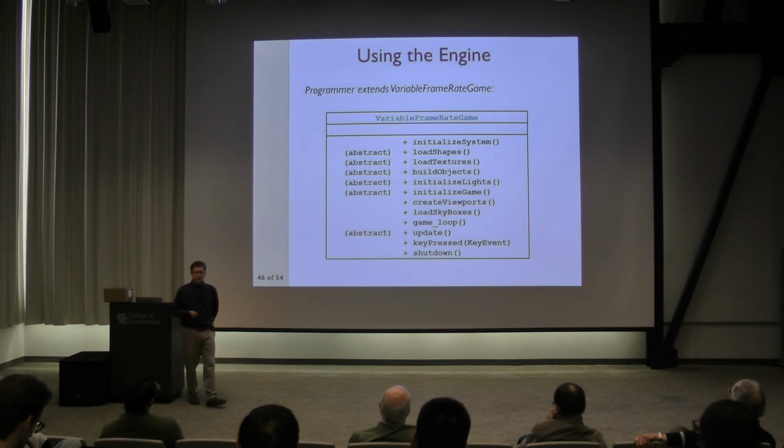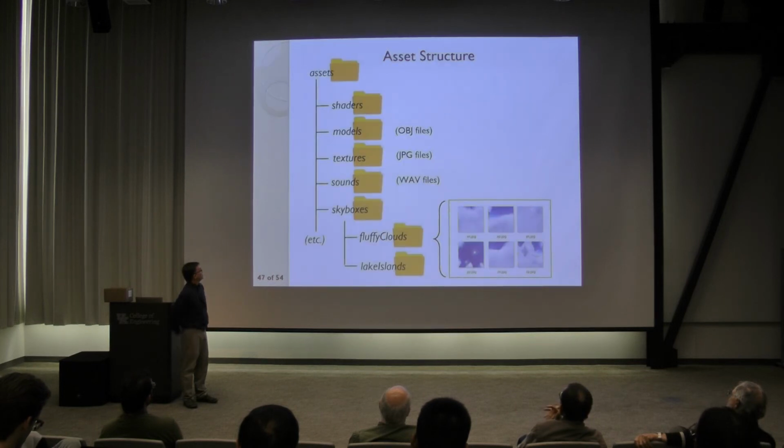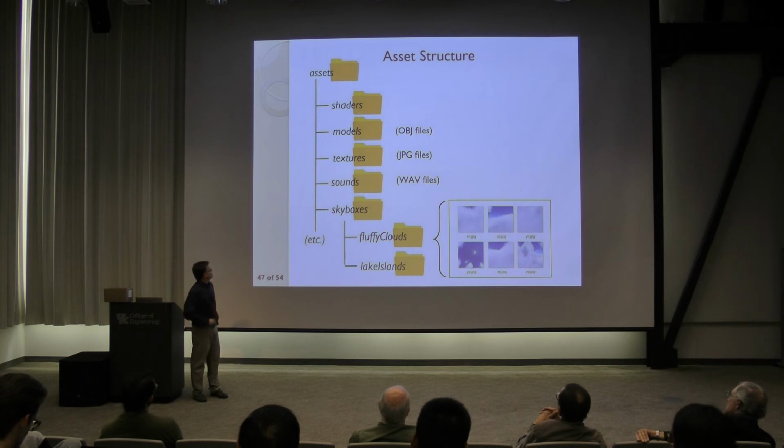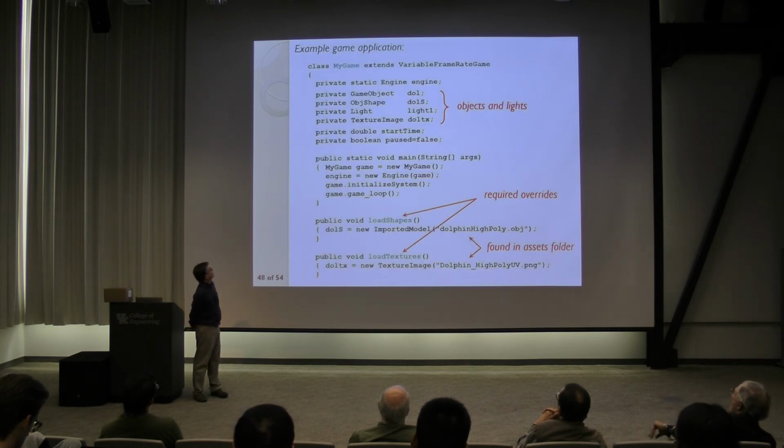The way that the end programmer writes a game is by extending VariableFrameRateGame, implementing these functions, and calling these functions at the appropriate time. I decided to require all the assets, like OBJ files, texture images, to be placed into these folders with these names. So I had a set asset structure.